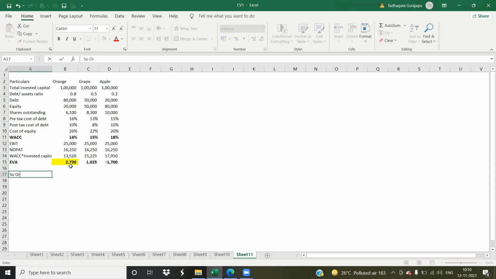So orange is the best investment as its EVA is the greatest.